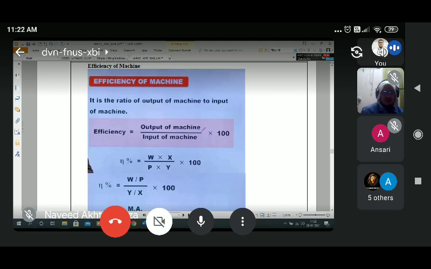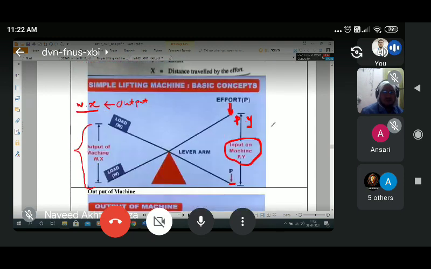So now you understand what the input of the machine is. Input means the work done by the effort. The effort P is applied and the distance traveled is Y. So the input of the machine is a product of effort into the distance traveled by the effort.